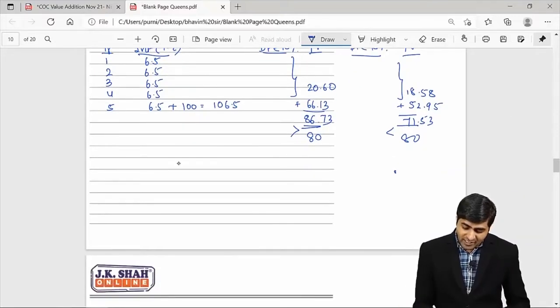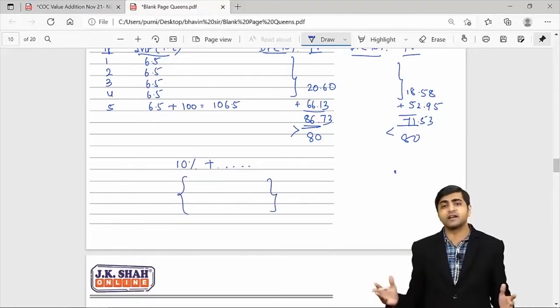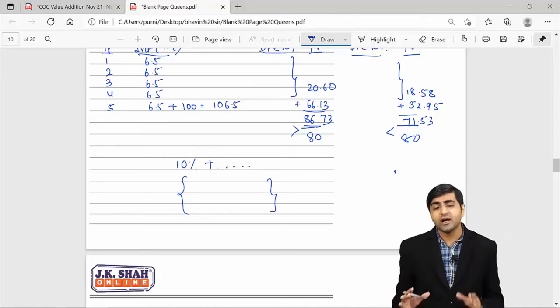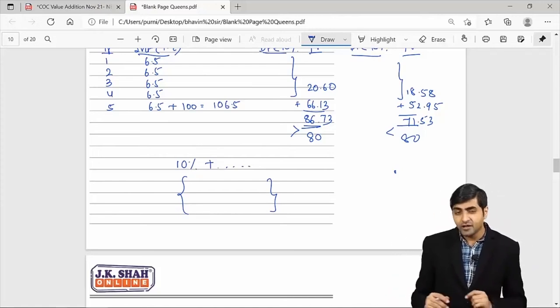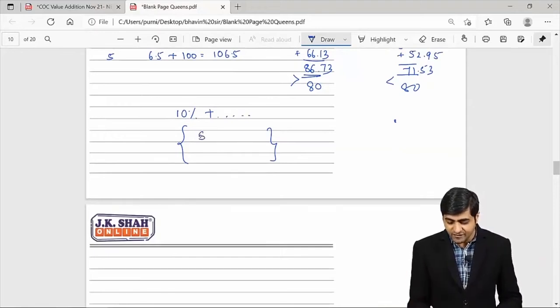So guys, we will start with 10%, and using your interpolation technique or any particular method which you have done in your class, it's absolutely fine because the concept is going to remain the same, only about calculation of IRR. But you can do this by considering between 10 and 15 the range is 5%, and in your 5% you are discounting from 86.73 minus 71.53.